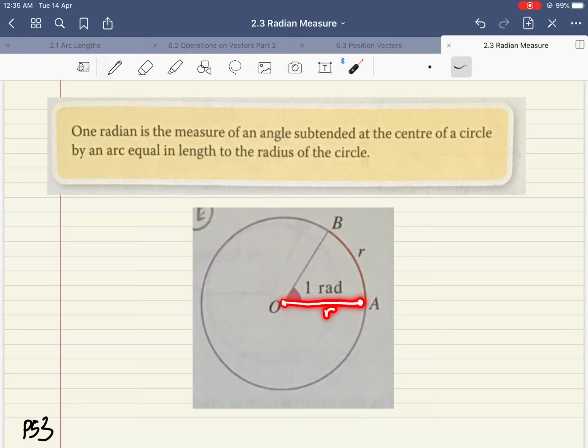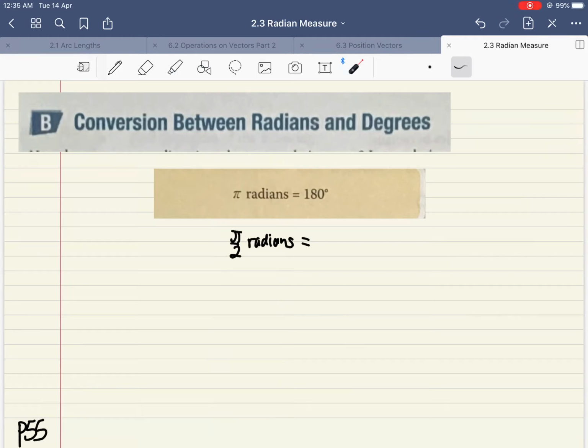If you take the radius r, imagine it's like a piece of string, and you lay it out on the circumference of the circle. If the arc length is r, the angle that is formed will be 1 radian. That's how we measure how large 1 radian is.